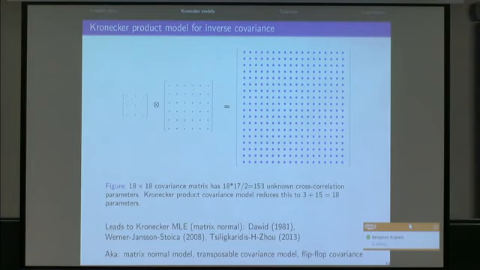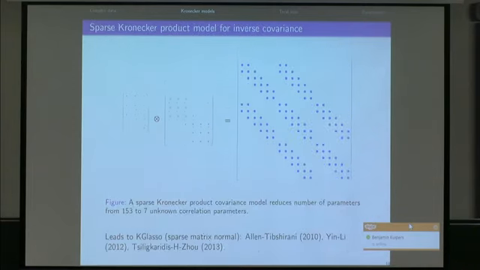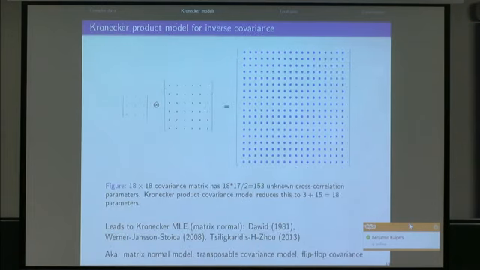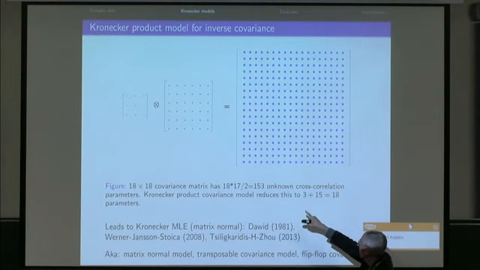So this leads to an unconstrained Kronecker maximum likelihood, which has properties that are much lower dimension, right? Fewer dimensions required. 3 plus 15 being 18. I forgot to say that, right? So 153 unknowns in the unconstrained covariance matrix.